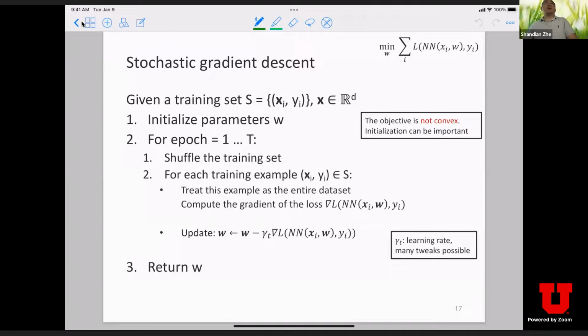We compute the neurons layer by layer, starting from the input layer, until we get to the output neuron as our prediction. And then we talked about how we train the neural network. The training of the neural network amounts to estimating the weights on the edges connecting different neurons.